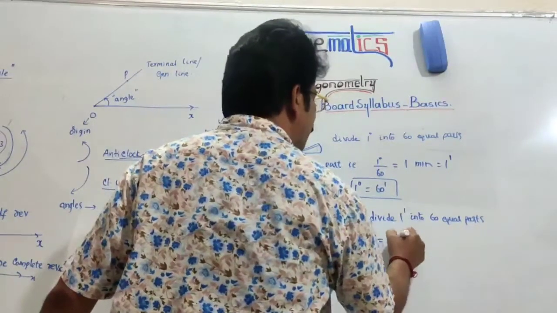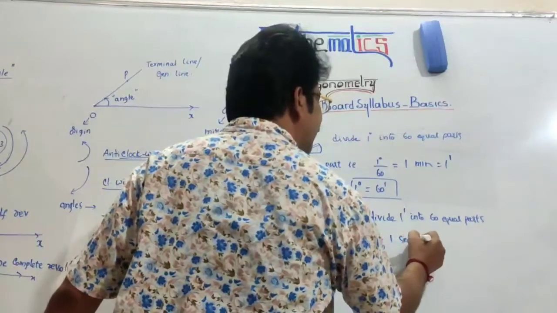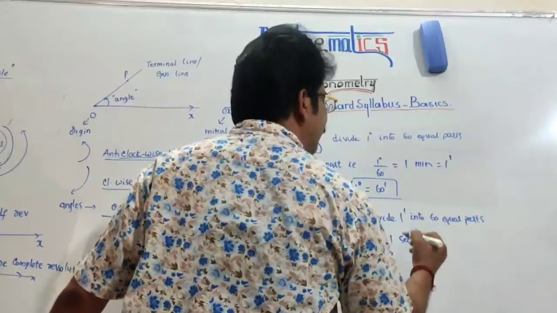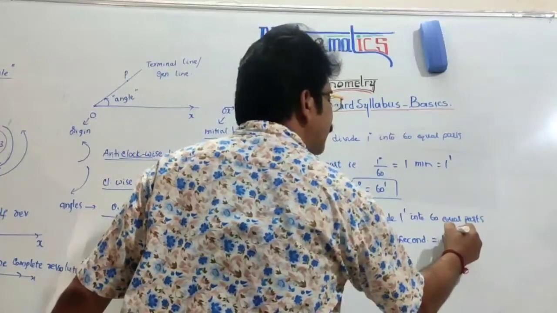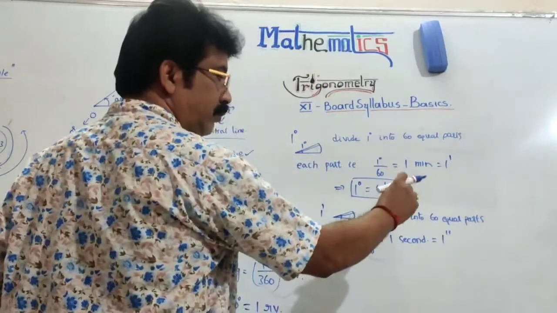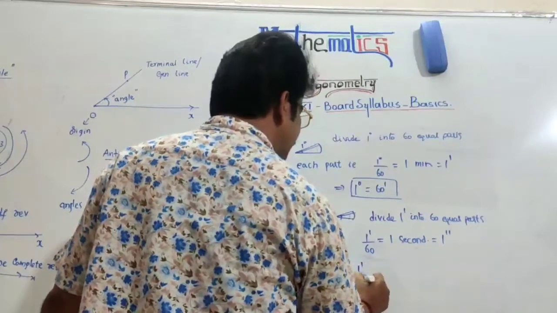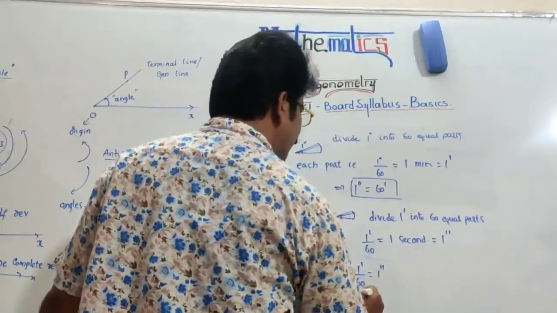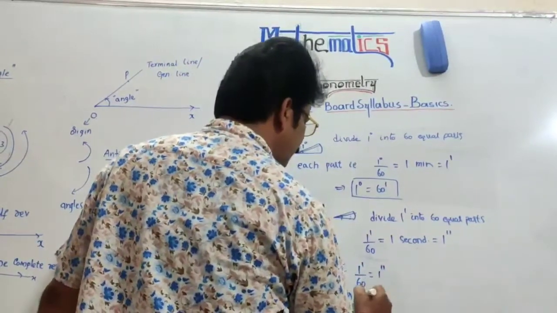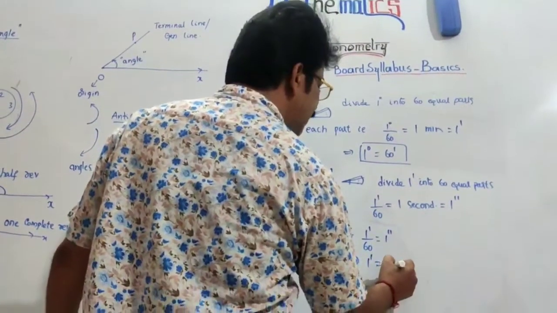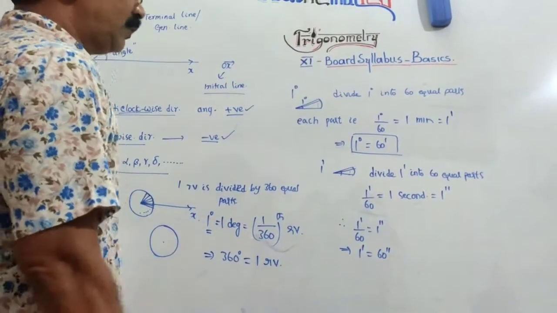This 1 part is called 1 second. It is denoted by 2 dashes like that. So 1 minute by 60 equals 1 second, or by cross multiplication, 1 minute equals 60 seconds.